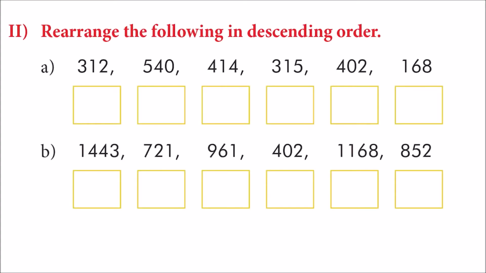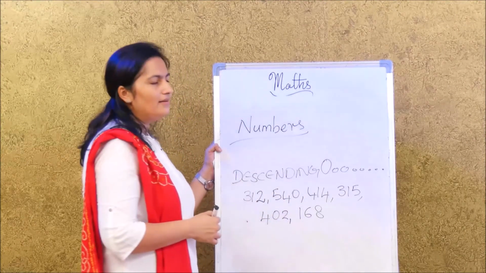Descending. Let us take an example from your book, page number 65. The numbers given are 312, 540, 414, 315, 402 and 138. This 168, I am sorry. So, these are our sums.